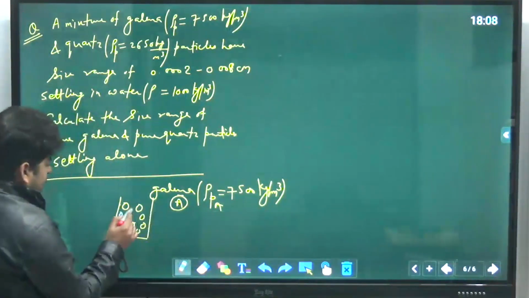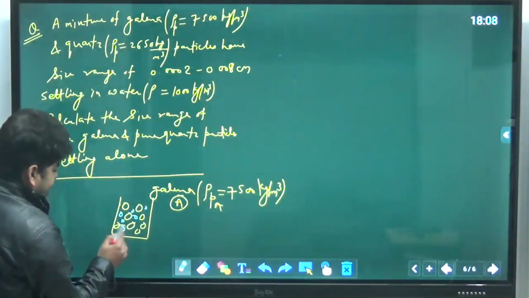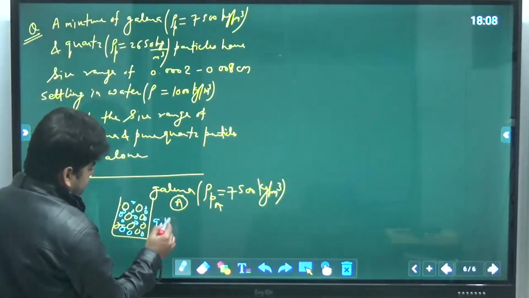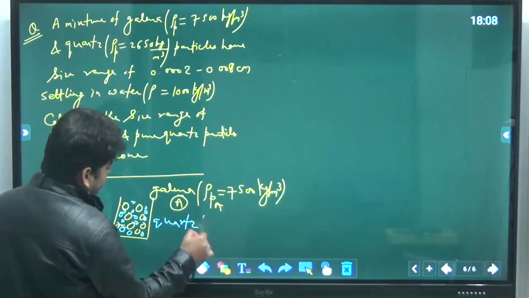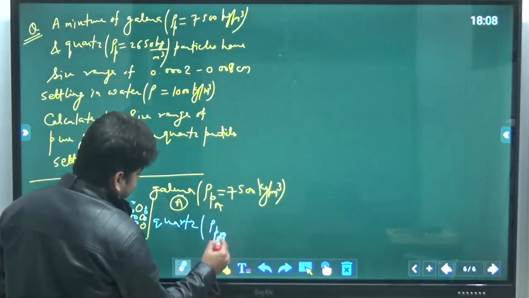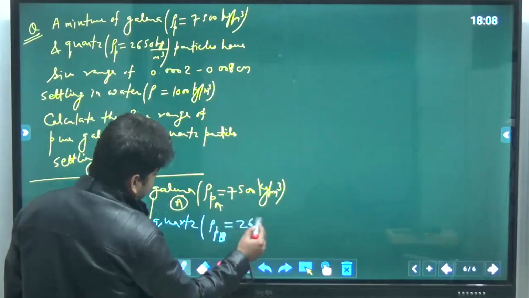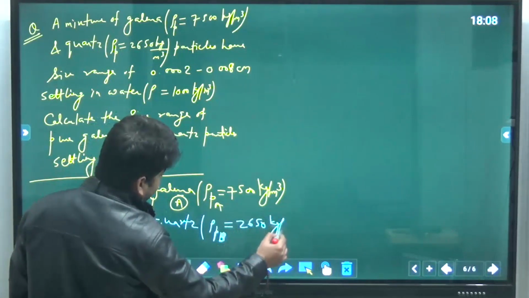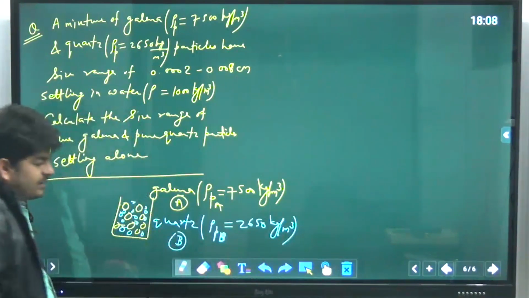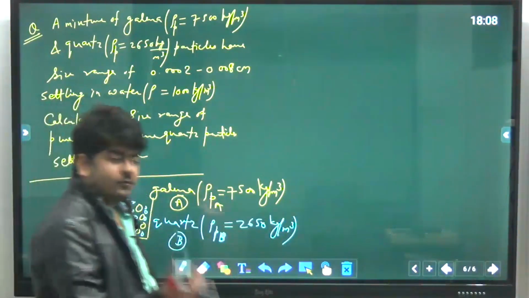And I have quartz particles, and density of these particles is given, 2650 kg per cubic meter. Let's say B. Now I am putting this mixture in water.